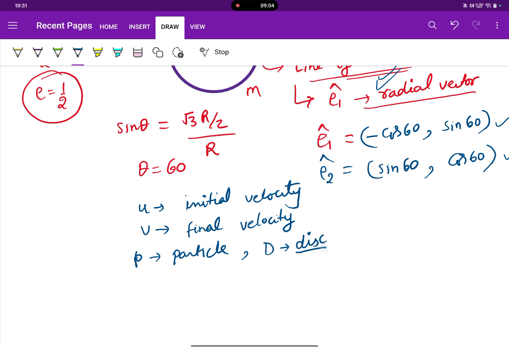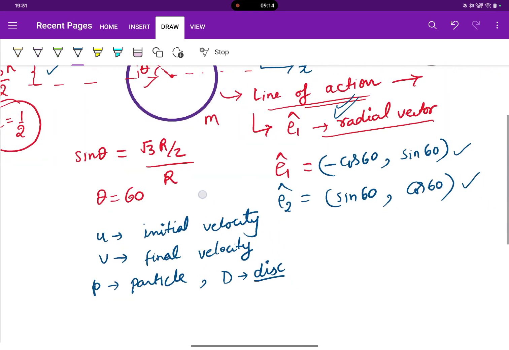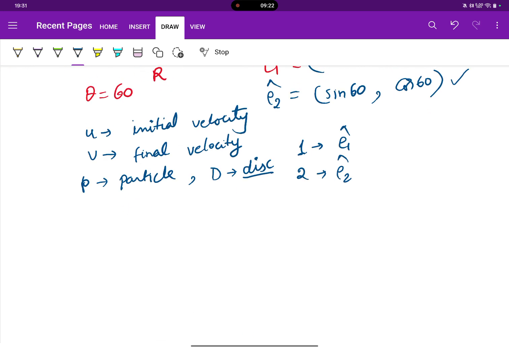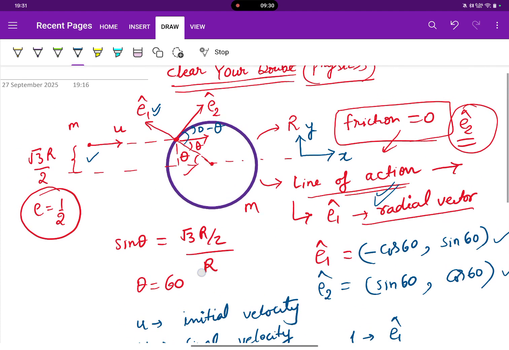I am not going to focus on that, so I may choose capital or small interchangeably. And I am going to say 1 for the E1 cap and 2 for the E2 cap. So basically it is the same x and y: once in x you apply momentum conservation, once in y, those things, right? So let's do it.